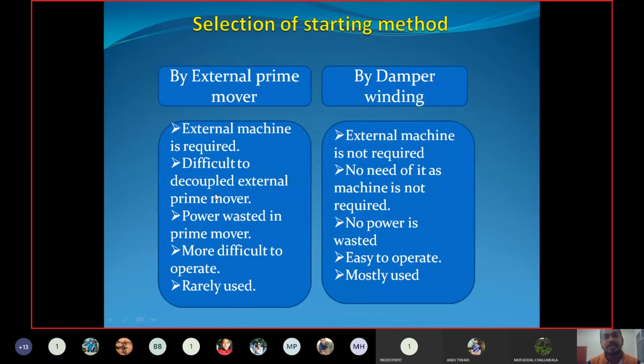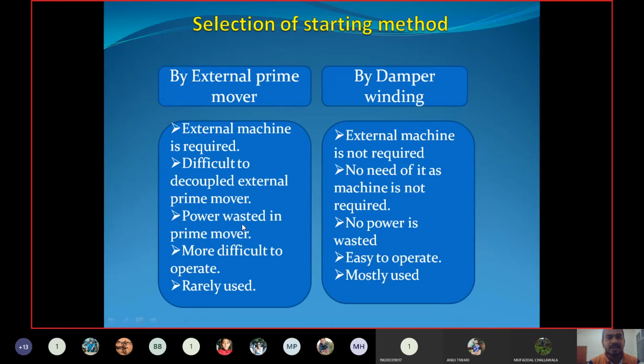The external prime mover shaft and synchronous motor shaft are both mechanically coupled. So once the synchronous motor rotates at synchronous speed, it is very difficult to decouple the external prime mover. In damper winding, an external machine is not required, so no decoupling is required.